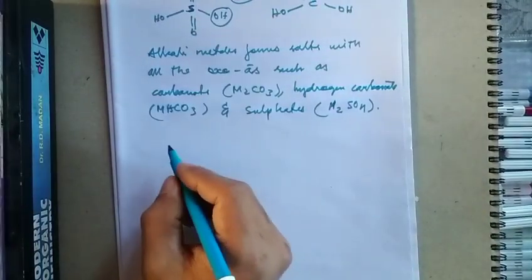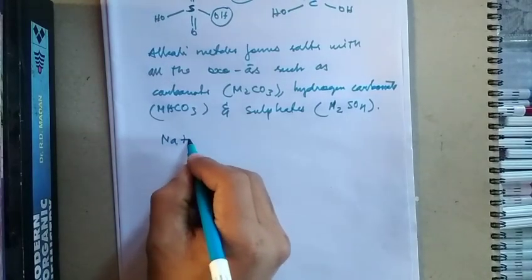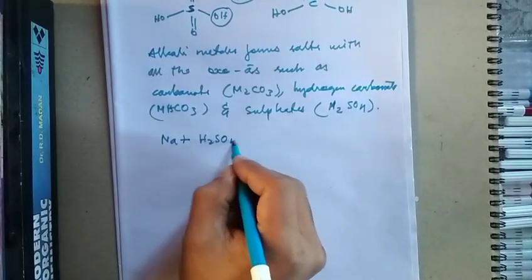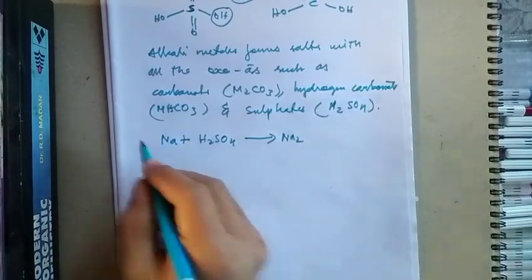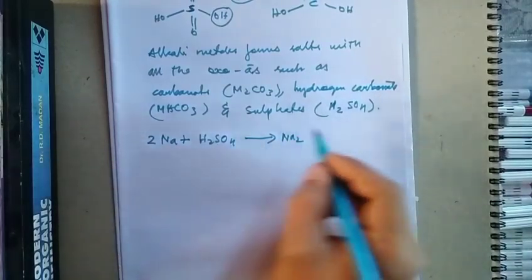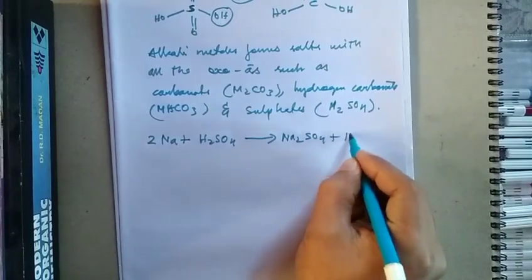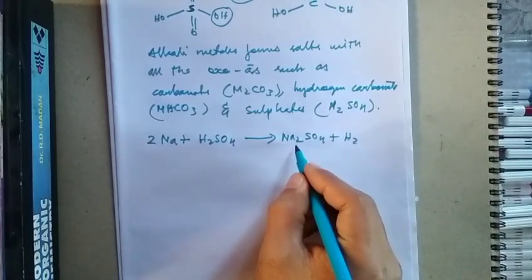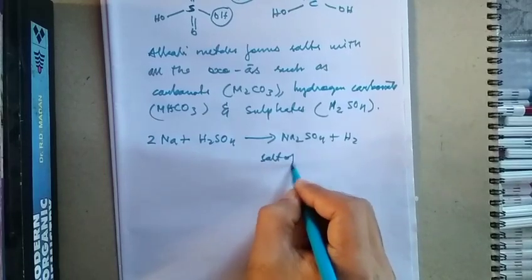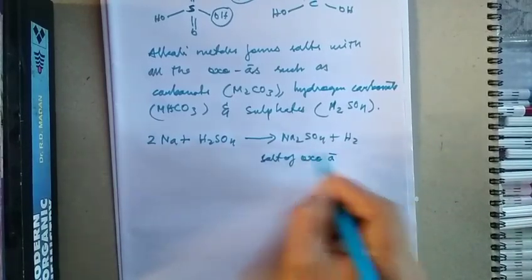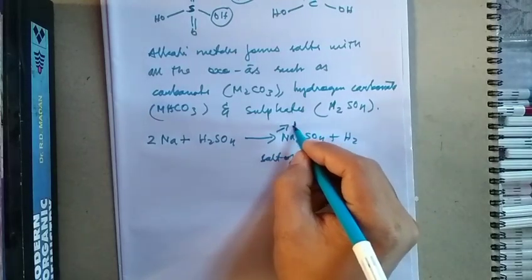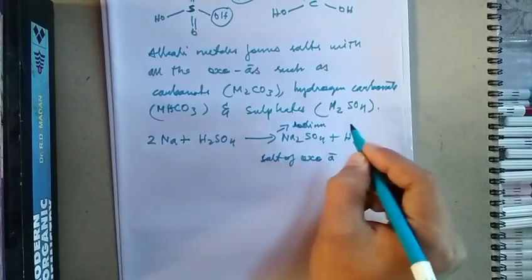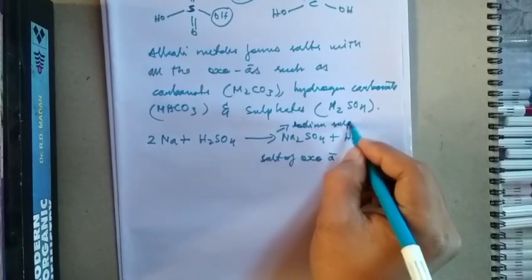Let's see two reactions. Na plus H2SO4 gives Na2SO4 plus H2, after balancing. This is a salt of an oxoacid, and the name of this chemical is sodium sulfate.